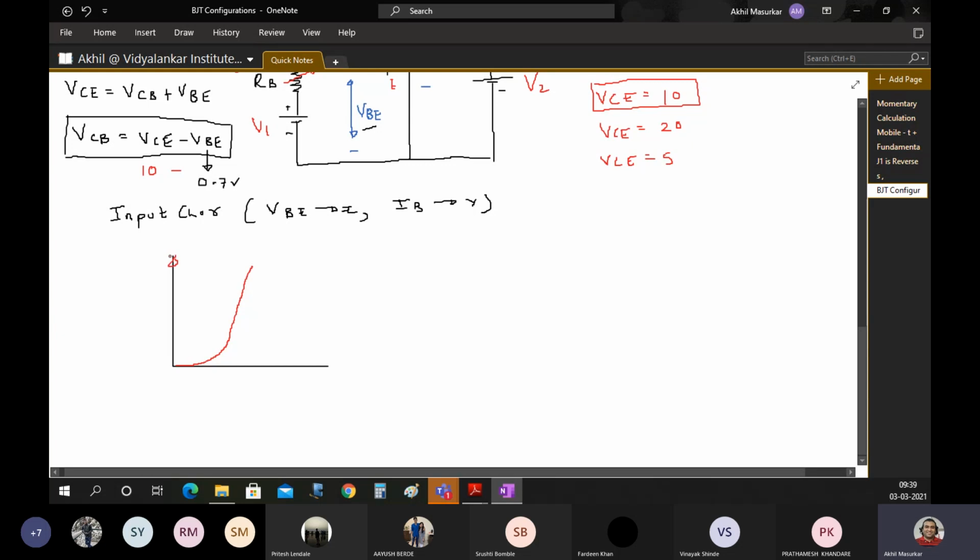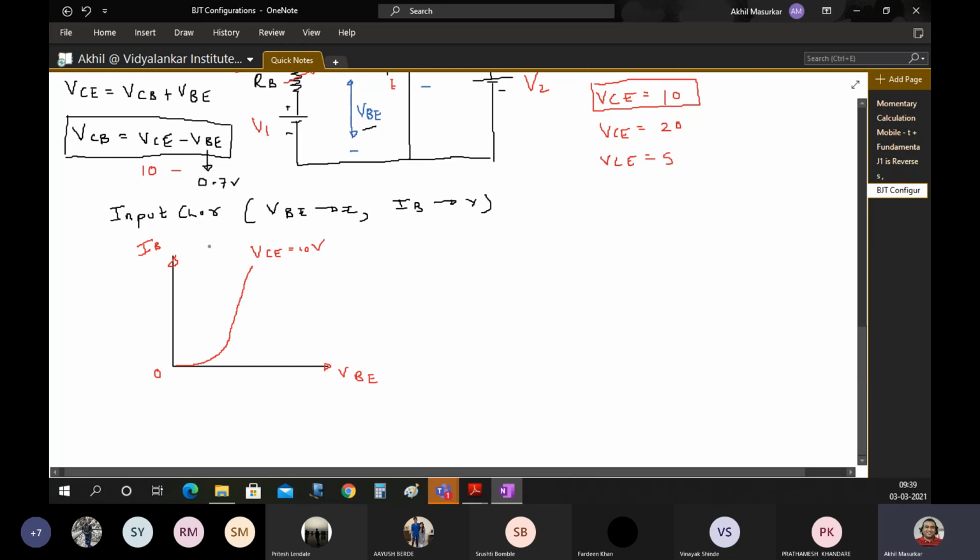So here we have IB and here we have VBE. This is 0. And here we have VCE equal to 10 volts.